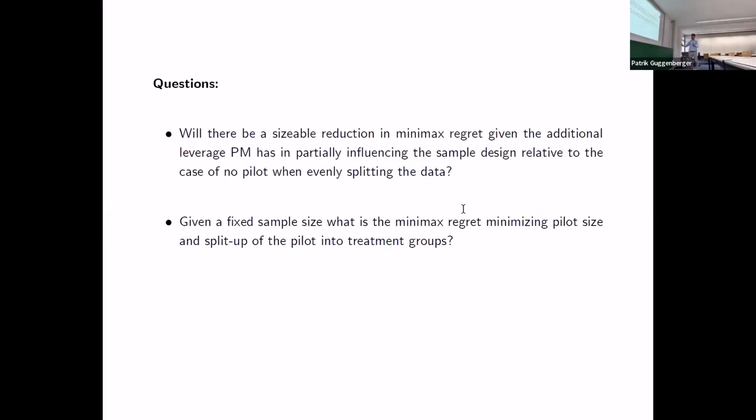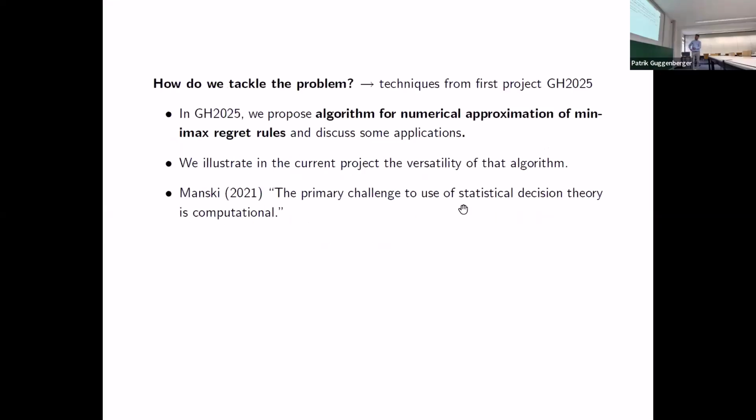And then even more general, given a fixed sample size, so that would be N plus N prime, the entire sample size, what is the minimax regret minimizing pilot size and split up of the pilot into treatment groups? So given you have an overall sample size, how would you split it up into a pilot and a follow-up study in order to minimize minimax regret? Okay, so how do we tackle that problem?